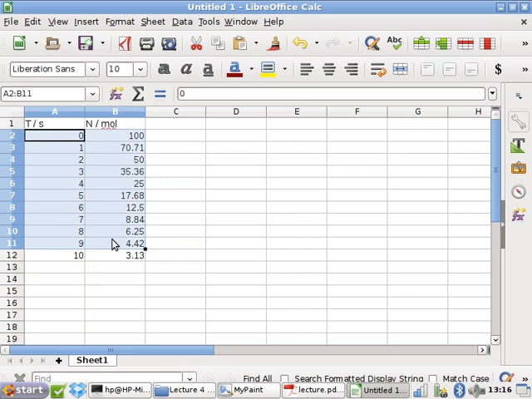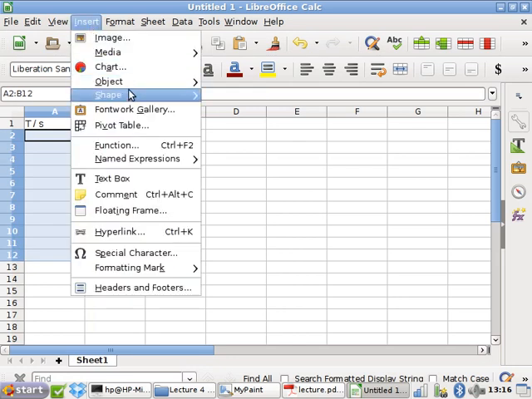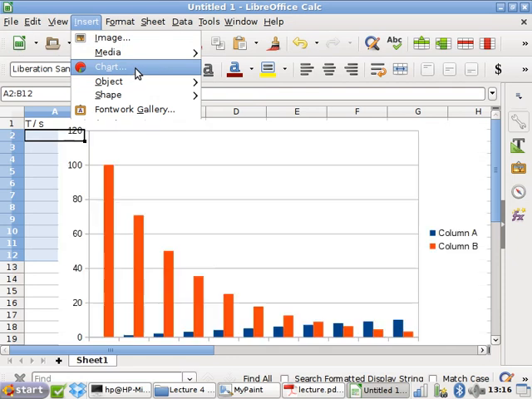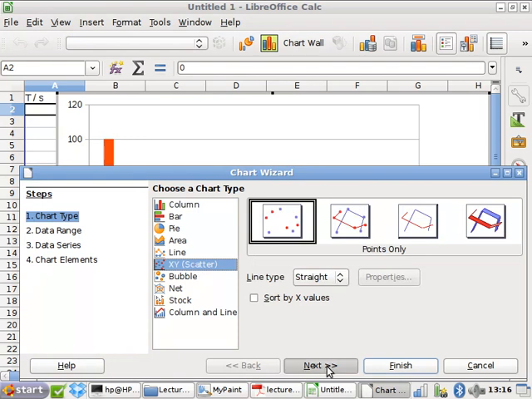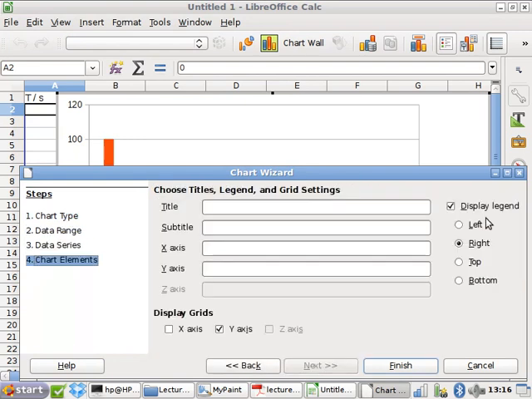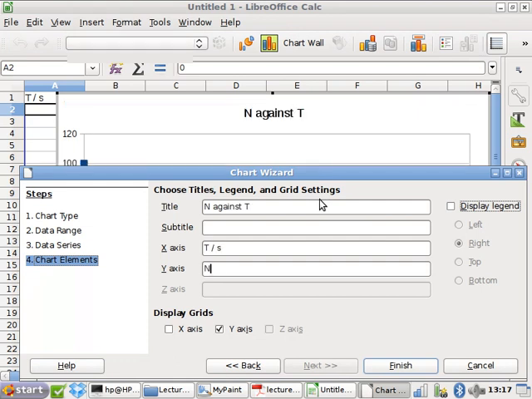You will not be shocked by the plot, I promise you. I haven't started the plot yet. Oh. I haven't made the plot yet. Okay. This is N against T in seconds, N in moles.